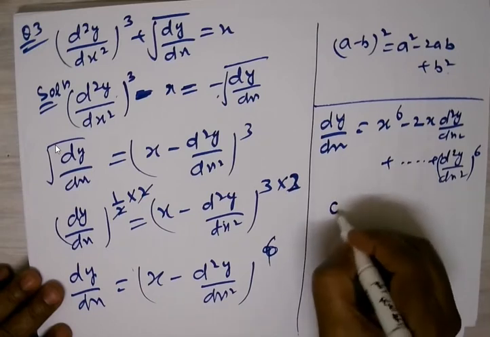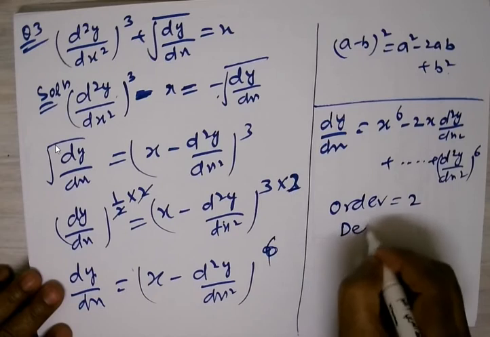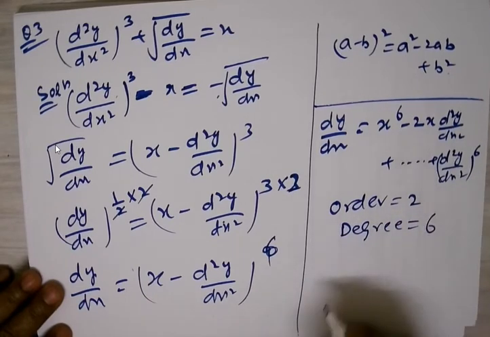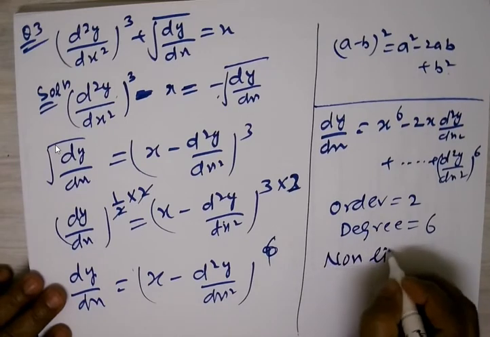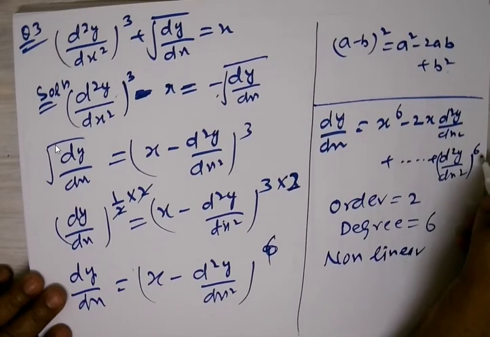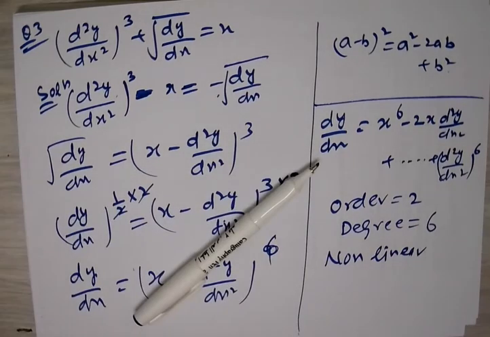What is the order of that differential equation? Order is 2, but degree is equal to the power, 6 here. Now linear or non-linear? It is a non-linear differential equation, because the power is more than 1. Hopefully you understand this also.